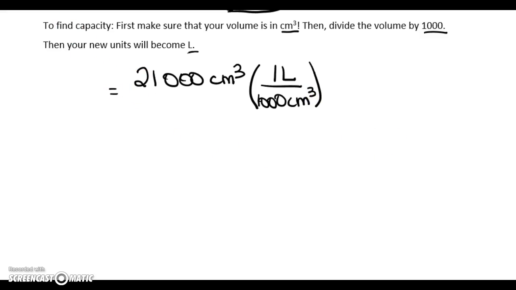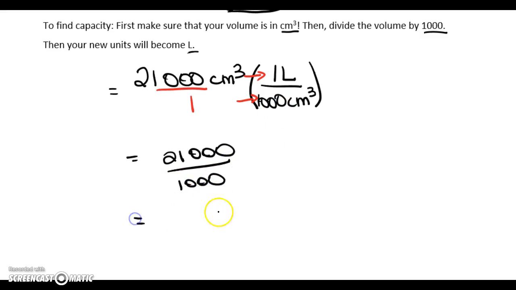If you're trying to work out this math, write this over 1 and then just multiply across. What we'd essentially find is our volume, 21,000, divided by 1,000, and we'd have a capacity of 21 liters.